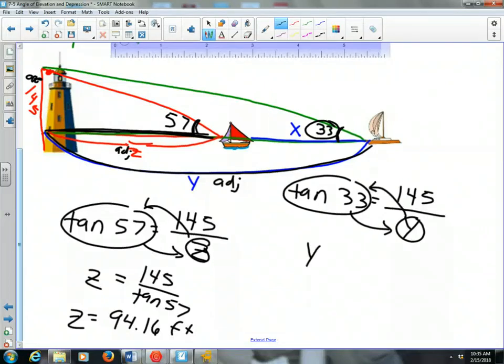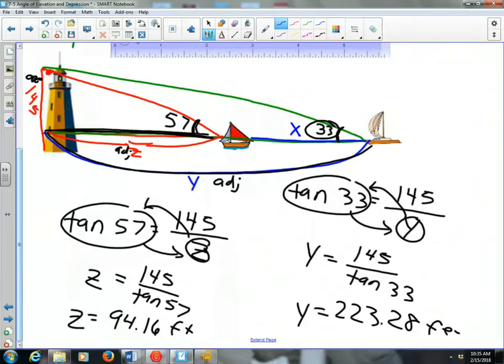And so y equals 145 divided by the tangent of 33. I put that in my calculator, and that distance should be farther than 94. When I put that in my calculator, I get 223.28 feet.